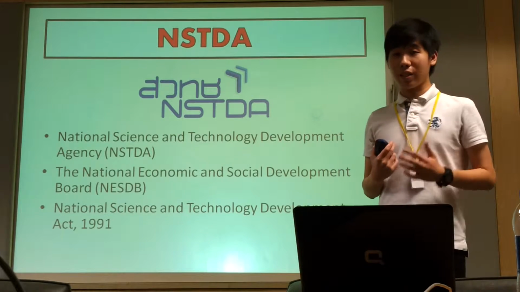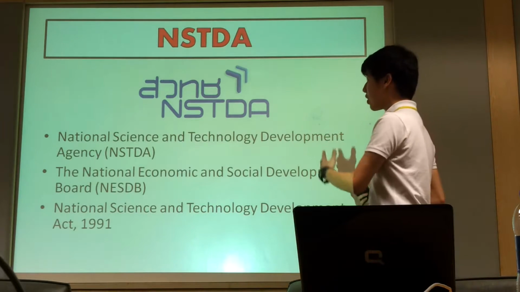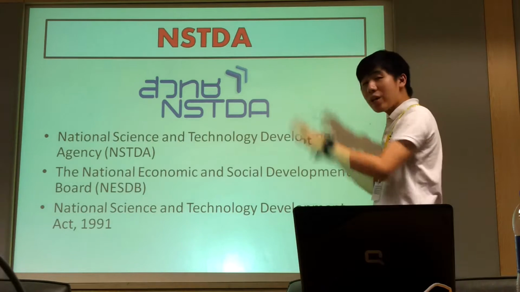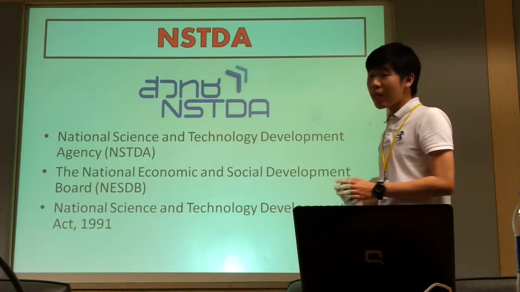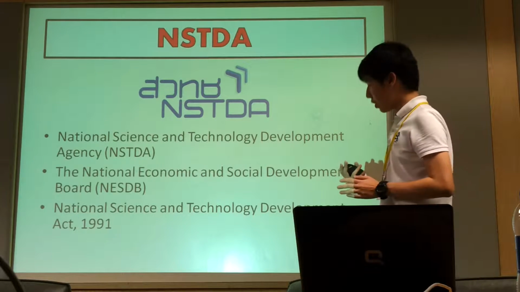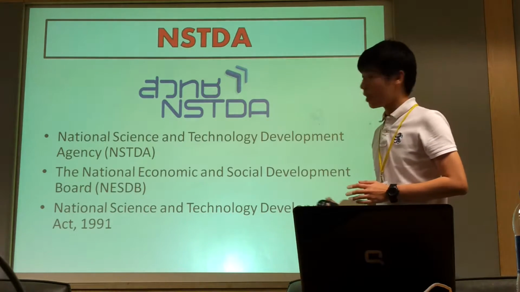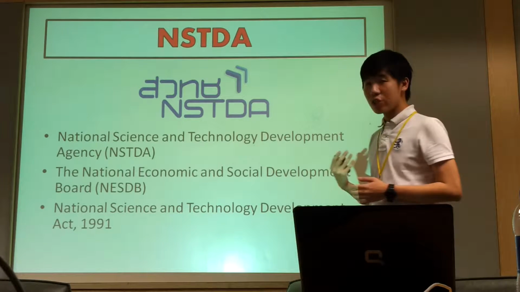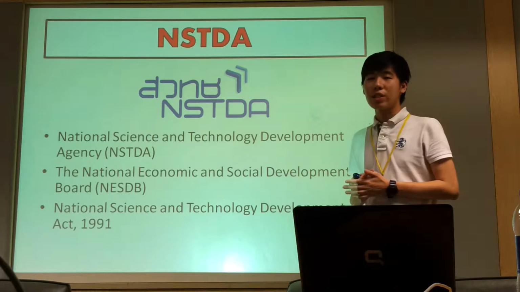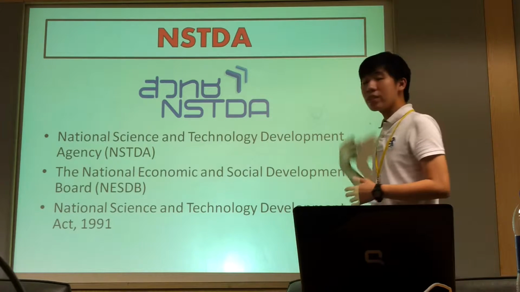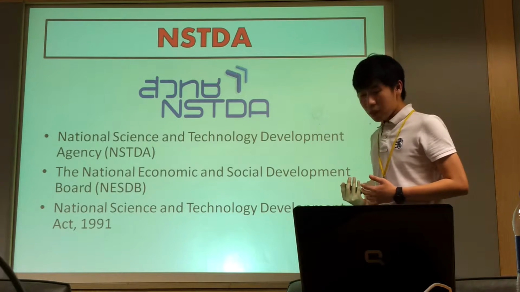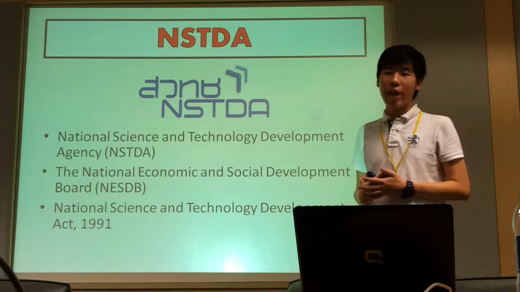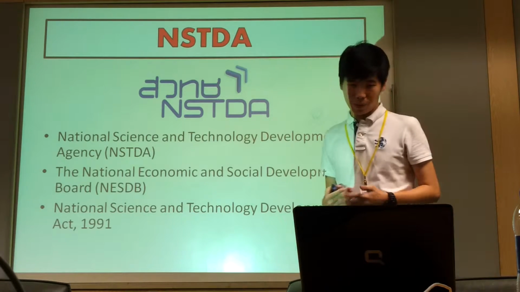NSTDA. What is NSTDA? NSTDA is actually the National Science and Technology Development Agency, where it's actually the big branch of it. MTech is just a subsidiary under NSTDA, and actually for NSTDA, the National Economic and Social Development Board decided to organize and develop this institute under the National Science and Technology Development Act in 1991.